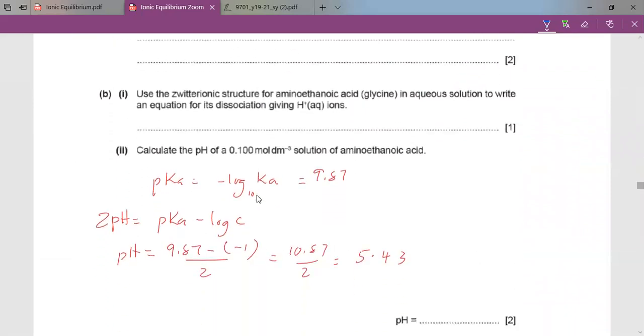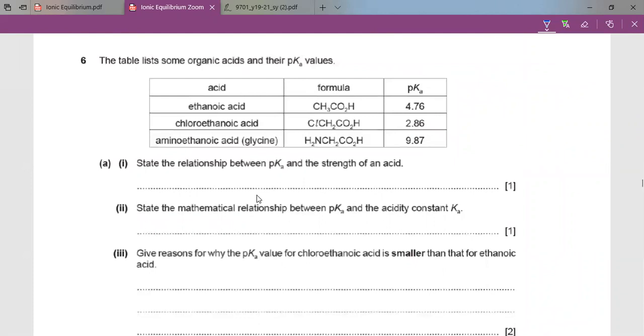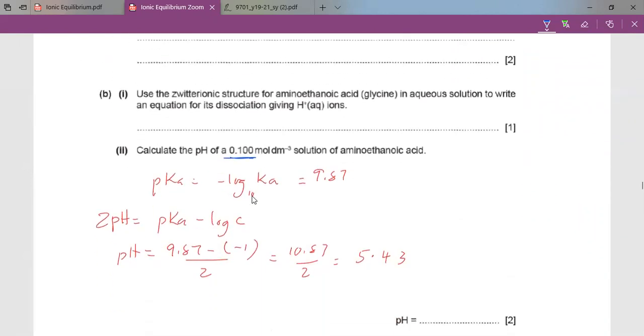Concentration is given here. Ka is given here for amino acids, which is here, 9 point something, your pKa. Fantastic. As I said, I like to use equations. This one here, just substitute inside. Or use the long method. Use a Ka.